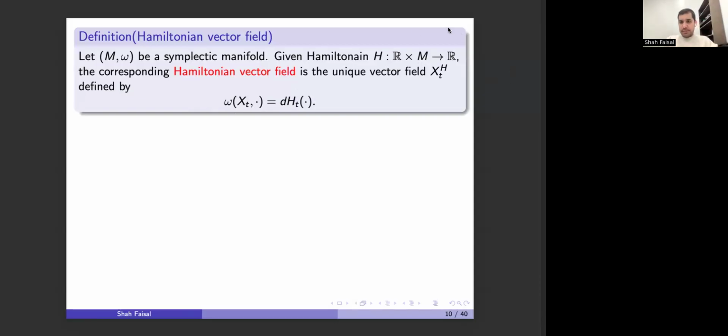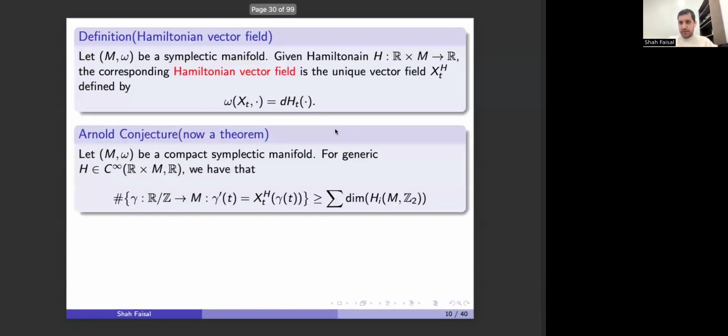Now, as I explained, the symplectic structure encodes the laws of motion, and it's natural to ask what is the connection between the dynamics of a Hamiltonian system and the topology of the manifold. There is a good link between the two, and it says the following.